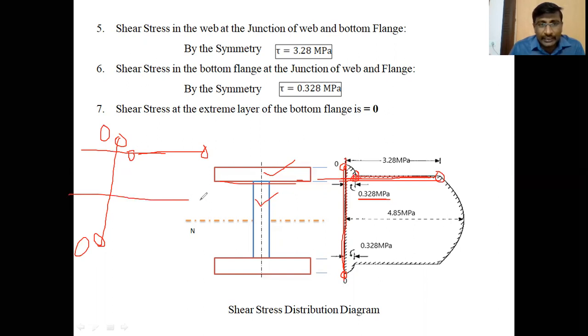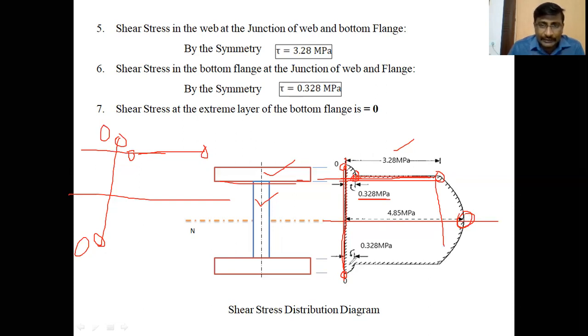At the neutral axis, draw a horizontal line and locate on it one point which represents 4.85 megapascals, which is more than the 3.28. So up to this 3.28, locate another extreme point on the neutral axis, 4.85 megapascals.